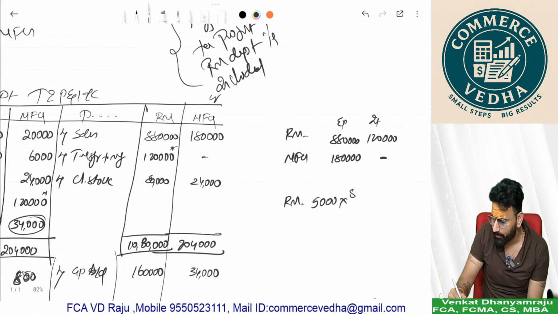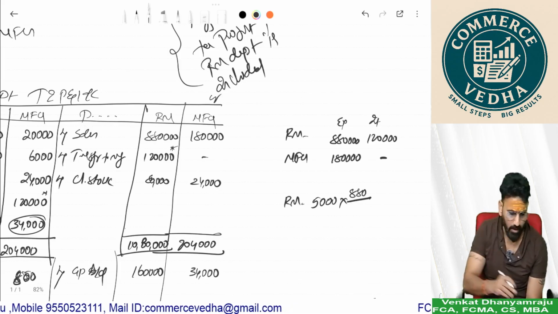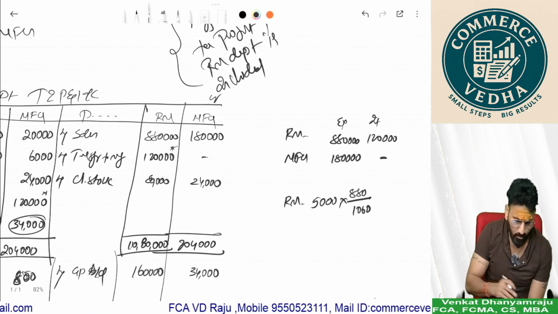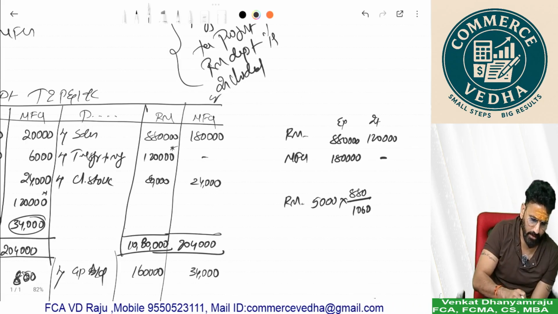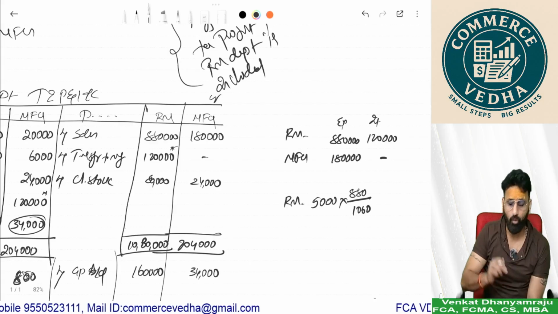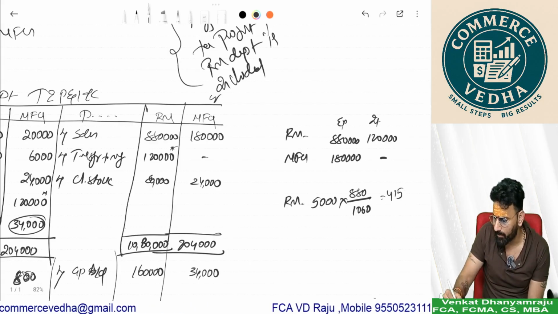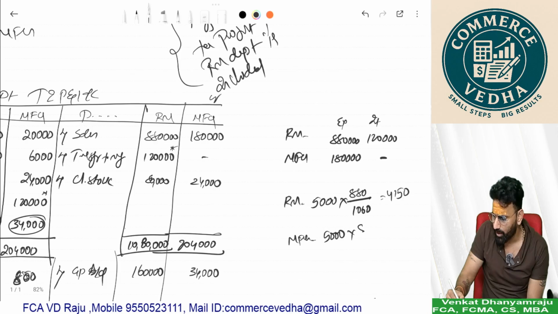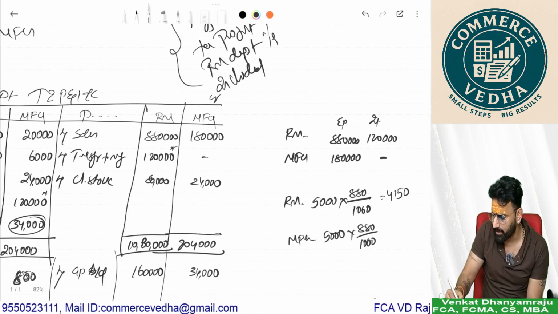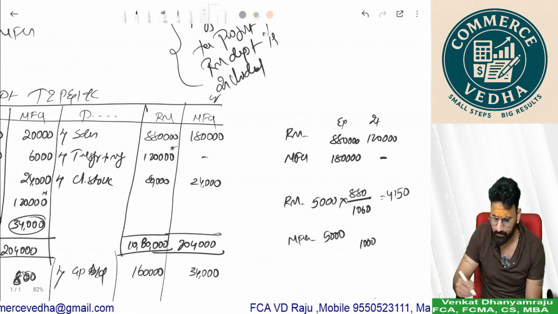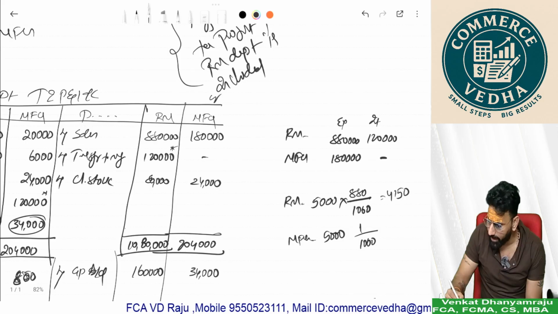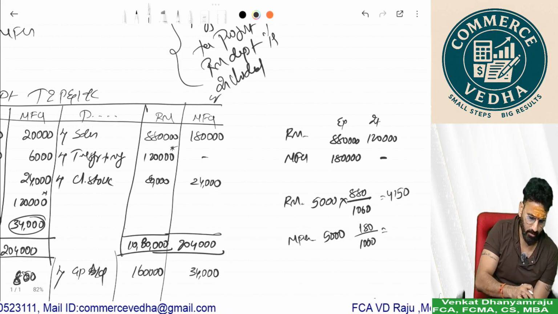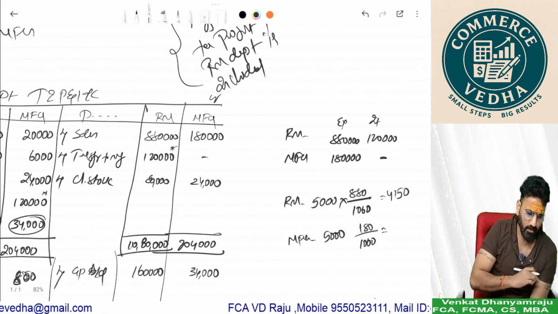Hence, the total salaries of 5,000 for raw material, how do I split? 5,000 into 880 by 880 plus 180 is 1060. So 5,000 into 880 by 1060, it is 4150, and for manufacturing it is 5,000 by 1060 into 180, which is 850.